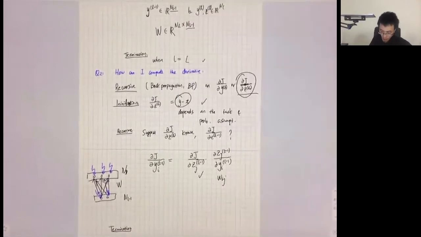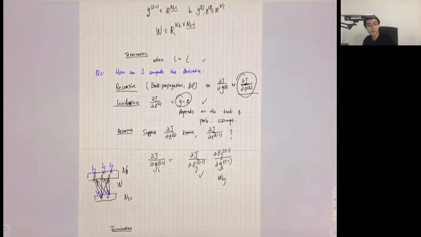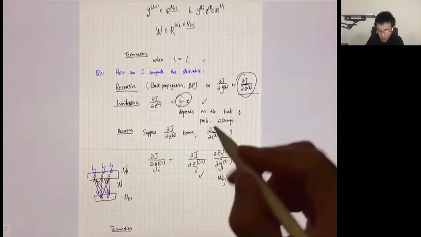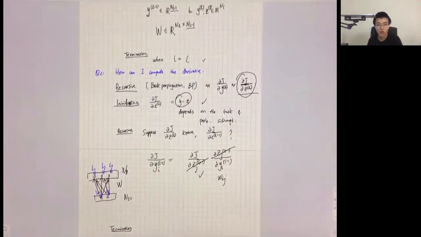Okay, is that correct? So this is incorrect. Because I mentioned if you cancel things out, it's the wrong understanding of the derivative. The derivative is a notation, it's not a fraction. You divide a number by another number. No, it's wrong.